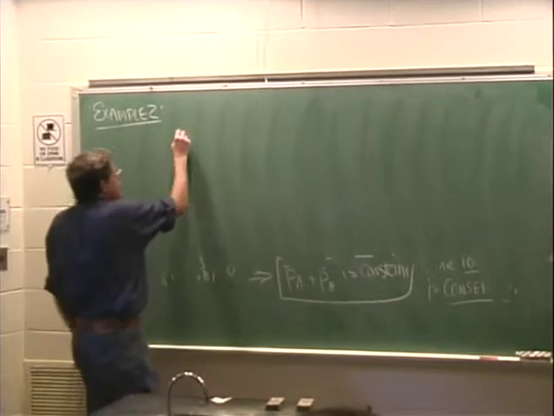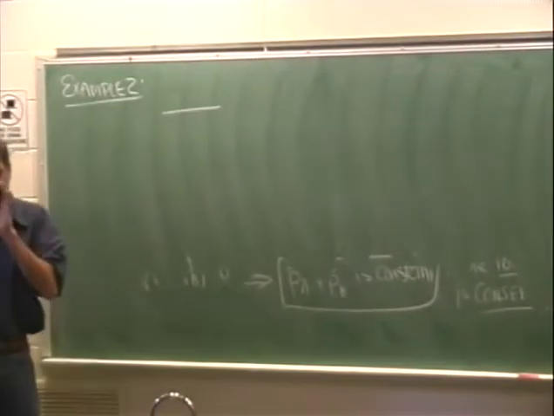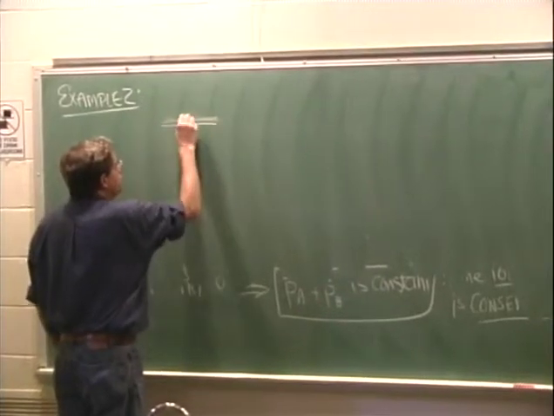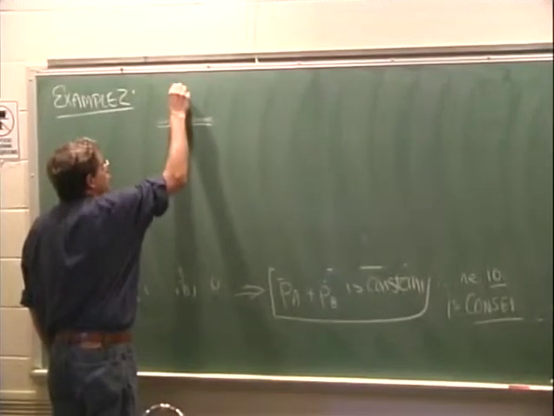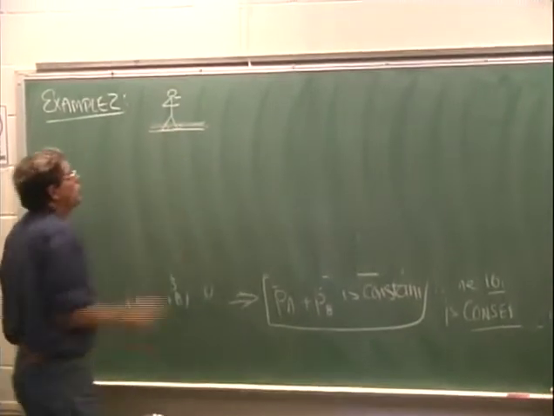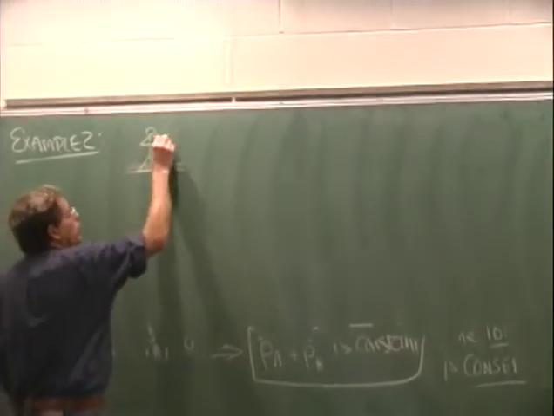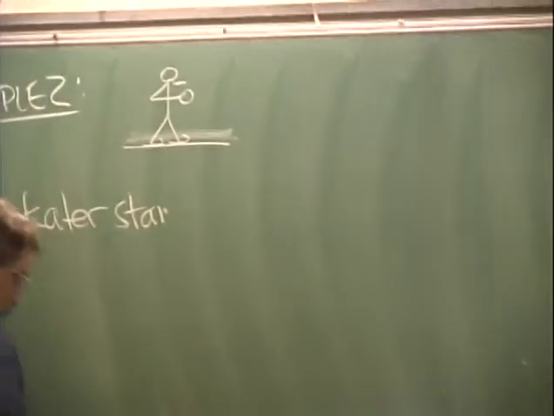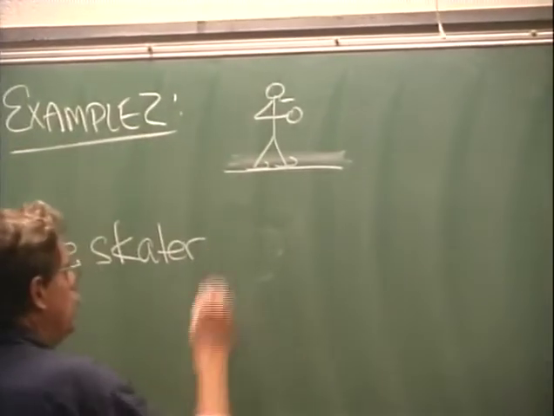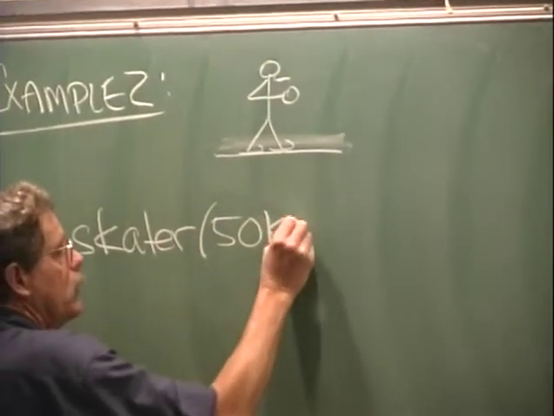Suppose that we've got an ice skater here. Here's the ice skater. And this ice skater is holding a snowball. By the way, I didn't tell you how much this ice skater weighs. 50 kilograms.